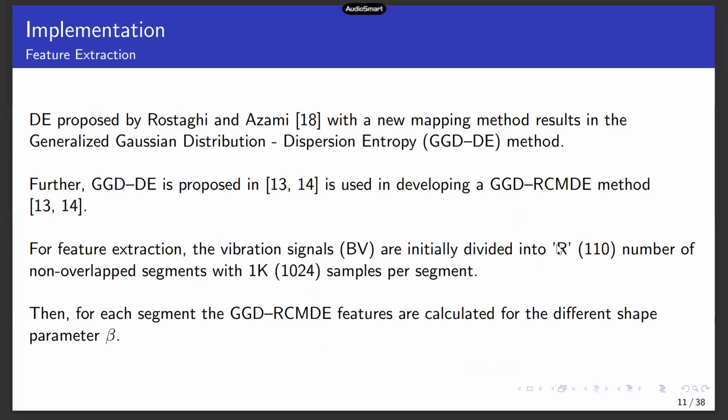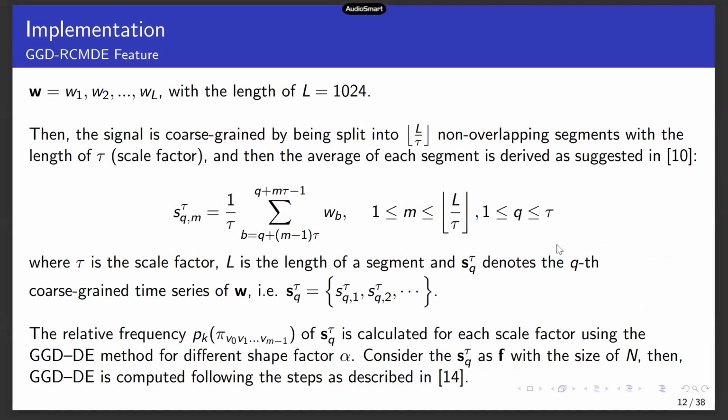The proposed method uses the GGD dispersion entropy method. For feature extraction, the vibration signals are initially divided into 110 non-overlapped segments with 1020 samples per segment. Then for each segment, the GGD CMDE features are calculated for the different shape parameter beta.